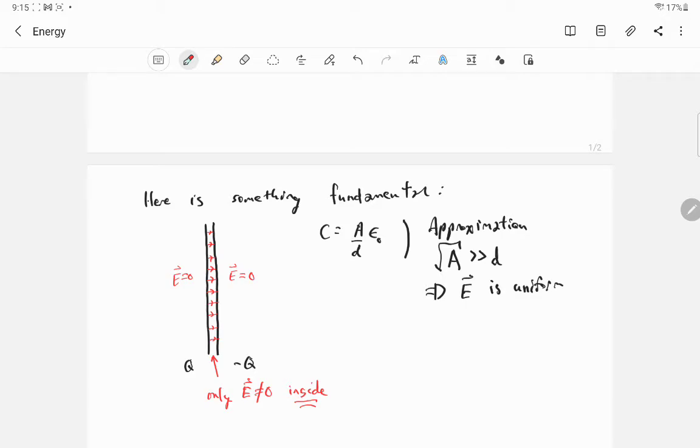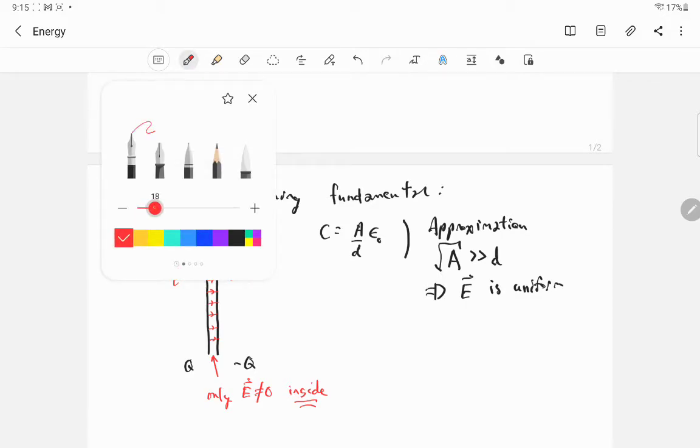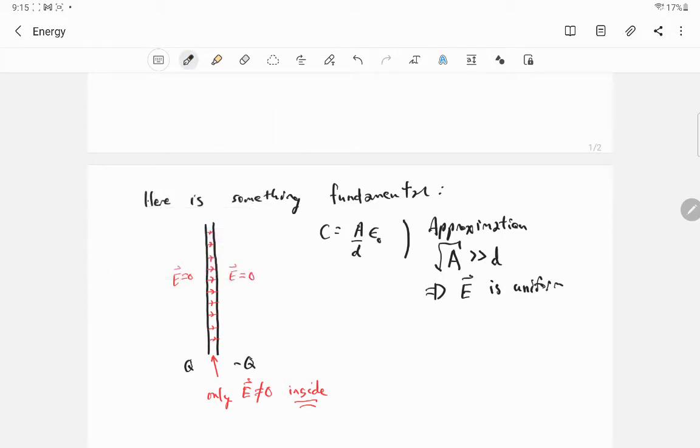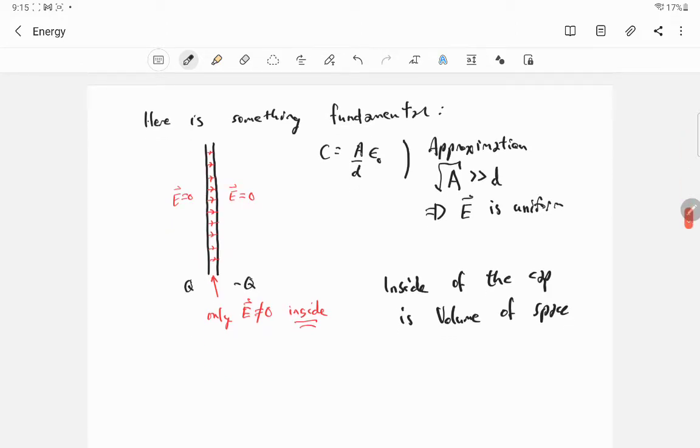And the inside of the capacitor is a certain volume of space. Remember that from the side, it kind of looks like the following thing. So it sort of looks like a book.